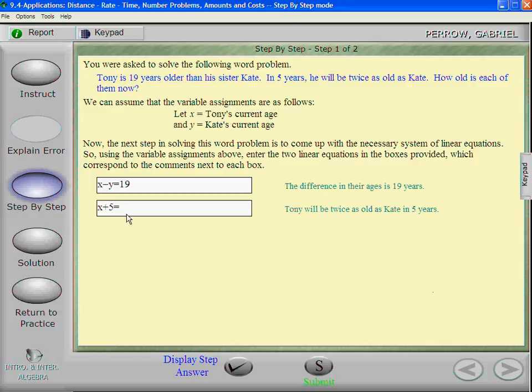So I believe the equation could actually be something like this. I haven't gone through this to see if they like this or don't like this, so we'll find out. But if you add 5 to Tony's age, it would be equal to doubling Kate's age increased by 5. So that's kind of what I get out of this.